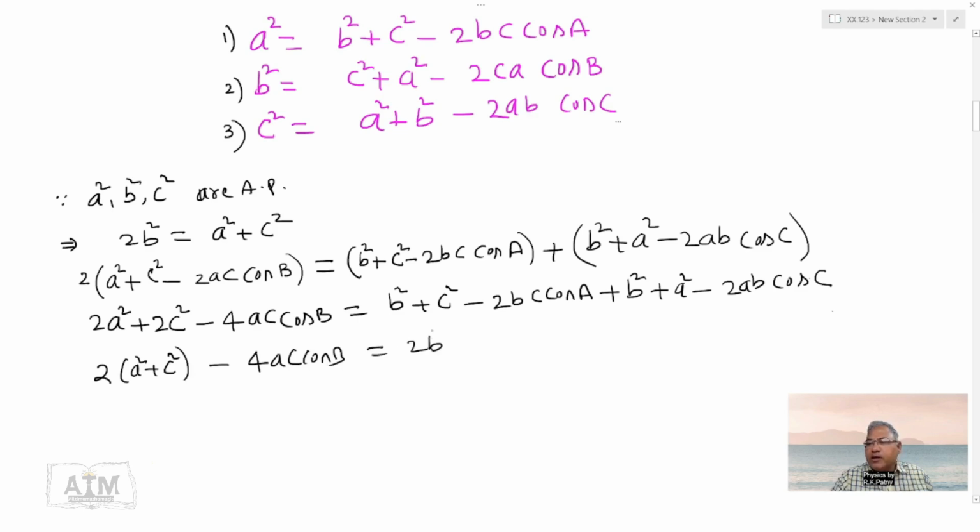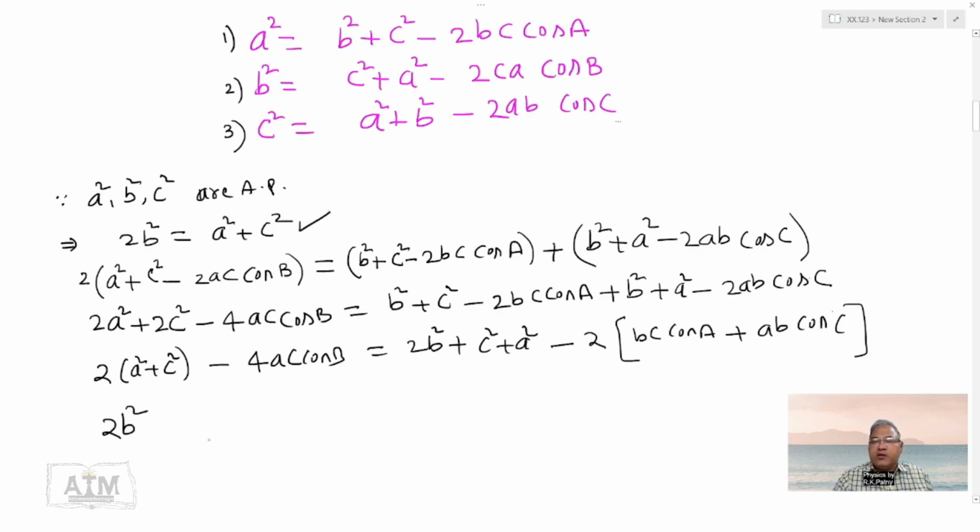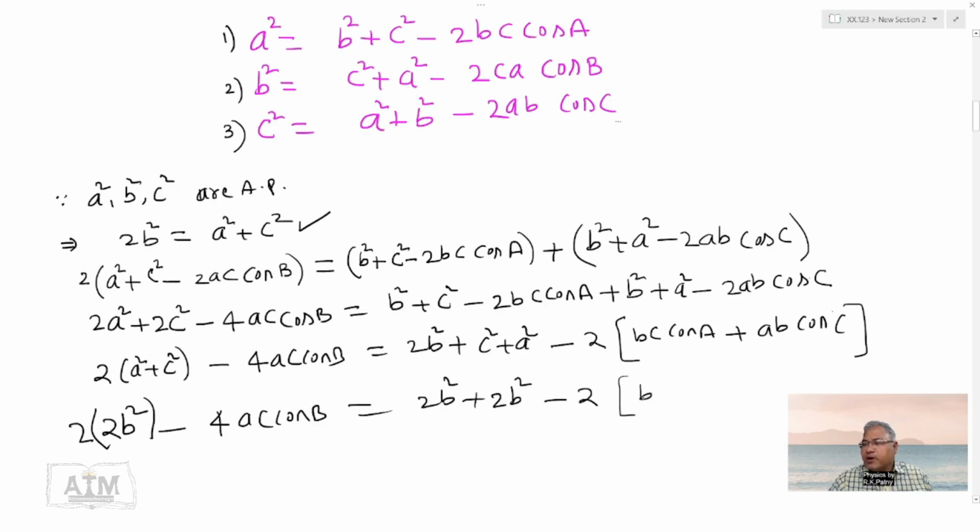Here we can write 2b square plus c square plus a square minus 2 common, and here bc cos A plus ab cos C. 2 into a square plus c square can be written as 2b square because it is a given condition of AP. So 2b square minus 4ac cos B equals 2b square, and c square plus a square is also equal to 2b square, minus twice, here is a bracket as it is.